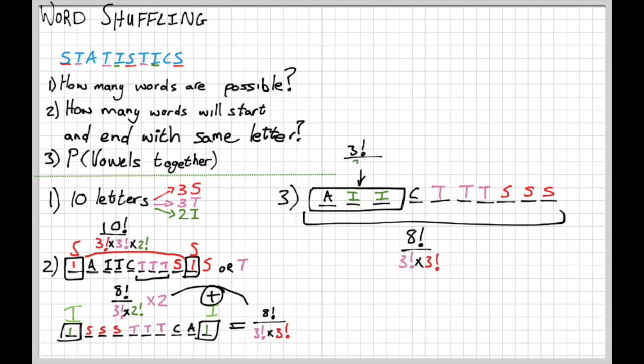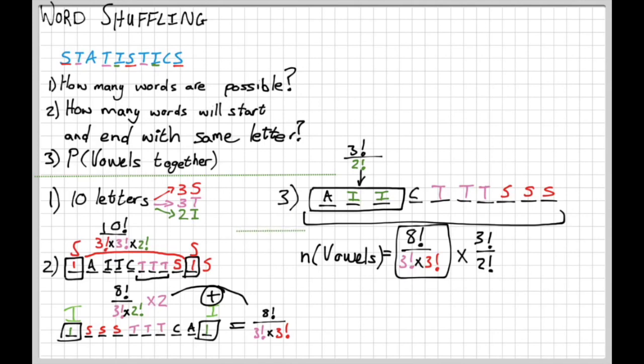Inside the box, there are 3 different objects, but there are 2 I's that repeat themselves, so I need to remove them. So if I want the number of ways that the vowels can group together, I've got to take all the objects and multiply them by what's happening inside the box. And that will give me the number of ways that the vowels can be grouped together.